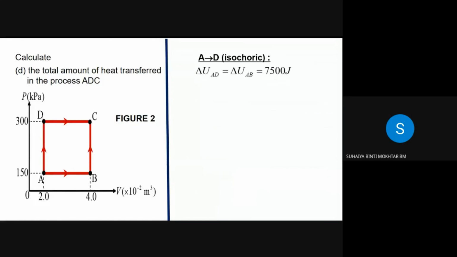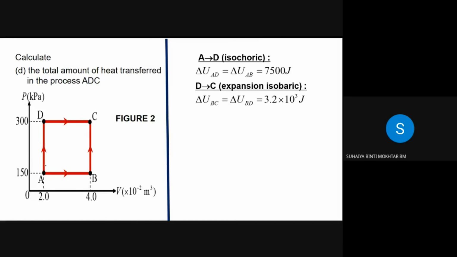So UAD equals UAB equals 7,500 joule. Then process DC, UDC equals UBC.